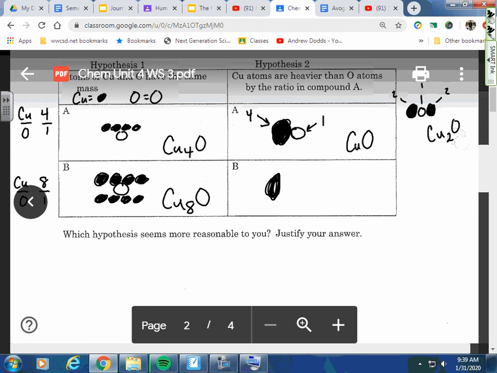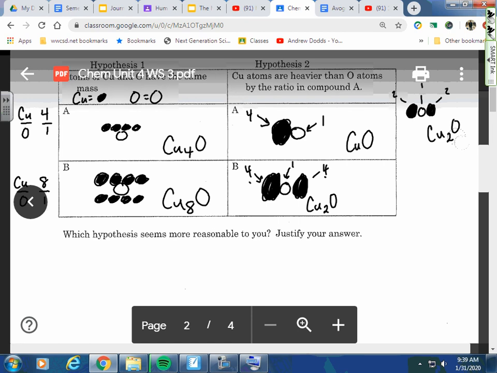And then here we did, well, let's just say there's 2 of those 4 mass particles. That would be Cu2O, and that would be an 8-to-1 ratio. 4 plus 4 is 8, 8-to-1 in terms of copper to oxygen.